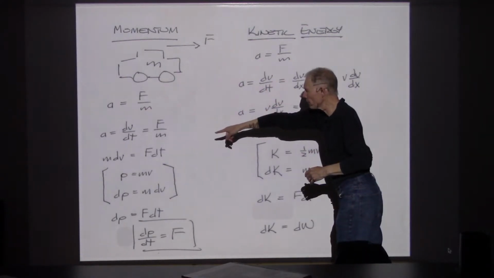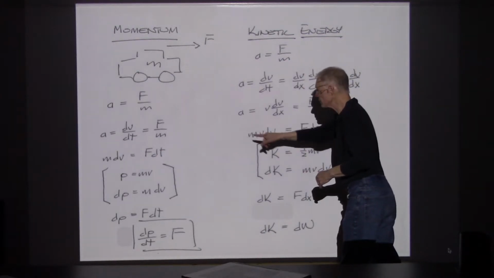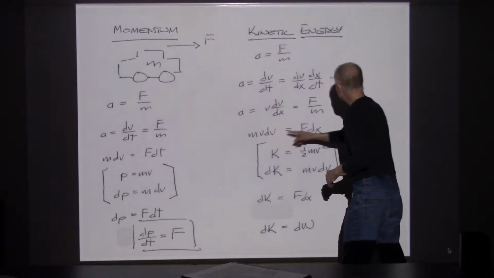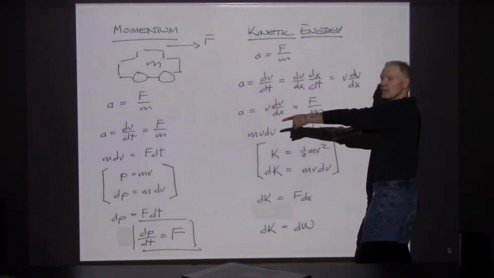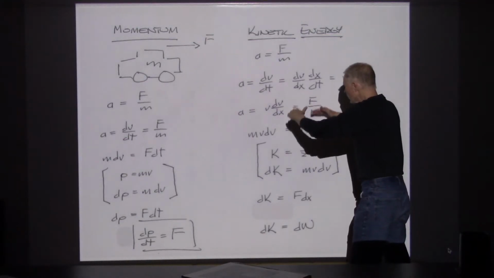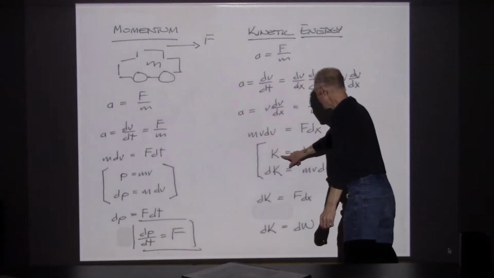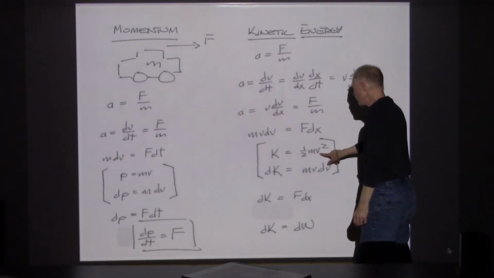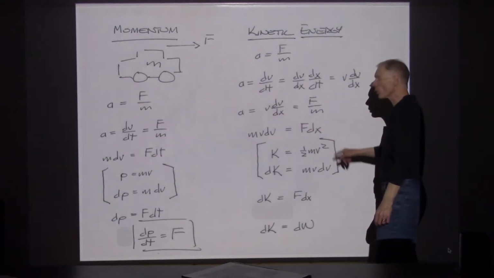Over with the time side, the momentum side of this, we had m dv, but here we have mv dv because of this extra factor of v. And then over here we have dx instead of dt. If we integrate these sides, what we can see is that this side will integrate out to be 1/2 mv squared. This side over here, that's work.